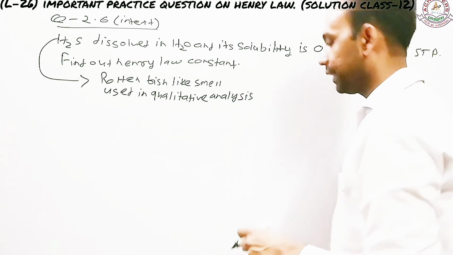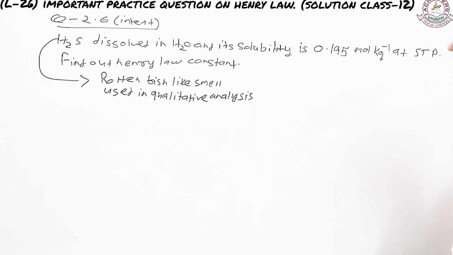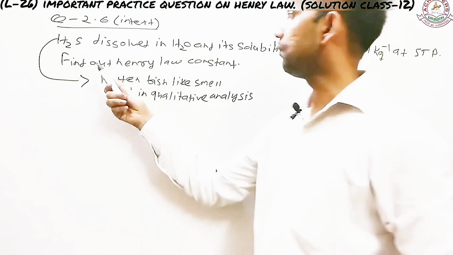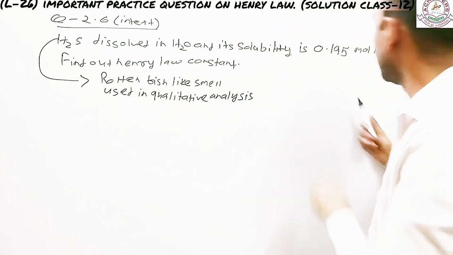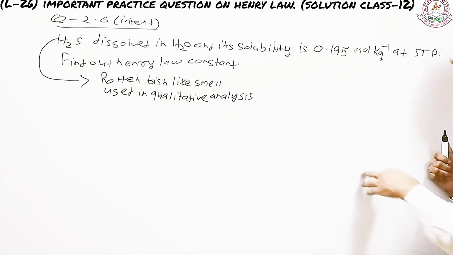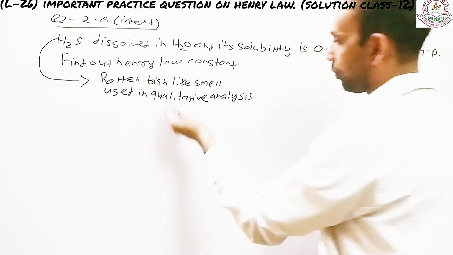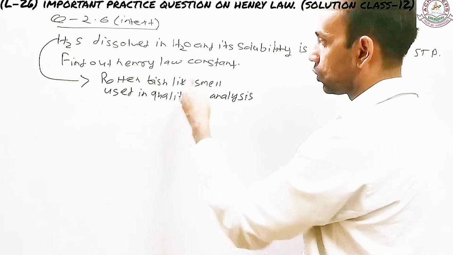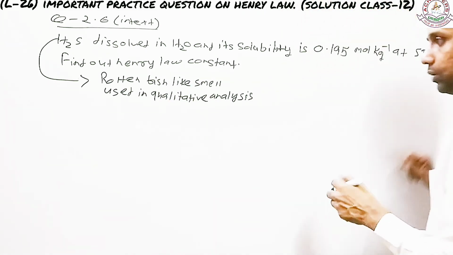I repeat the question again so that I can make you go through the solution. Hydrogen sulfide has a solubility of 0.195 mole per kg at STP. You have to find out the Henry law constant, and the two pieces of information given are that it is used in qualitative analysis inside the lab, and it has a rotten fish-like smell. So let's do that.